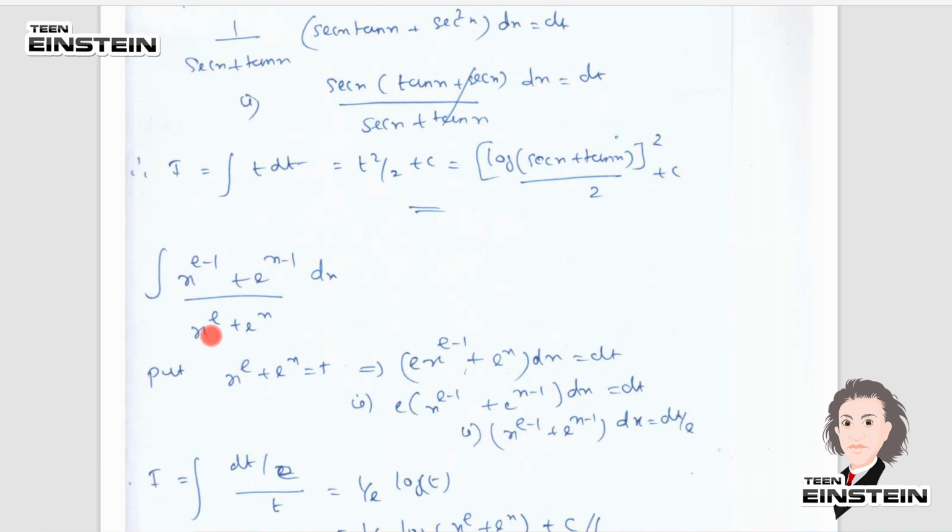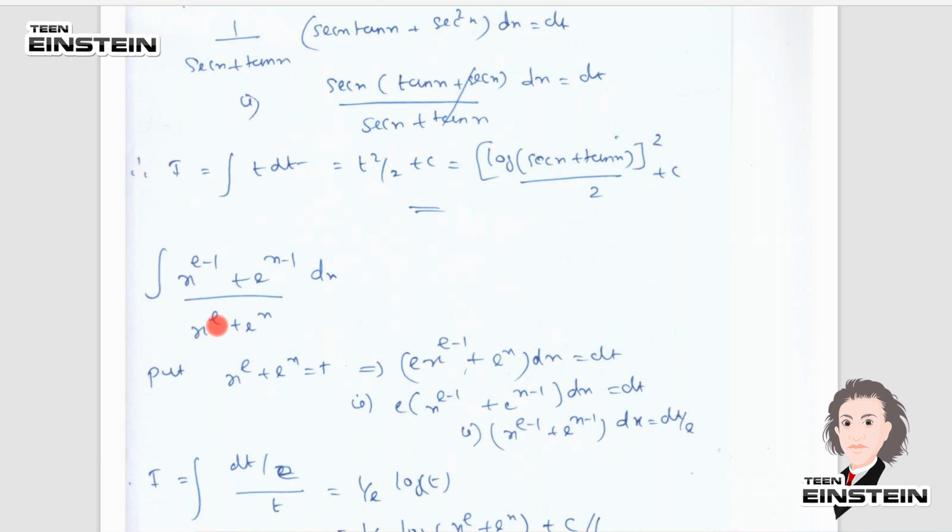Here x power e is in the form of x square, and e is a constant. Differentiation of x square is 2x. In differentiation, the power gets reduced, so you bring the constant forward: e x power e minus 1.